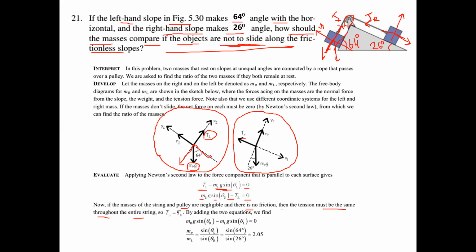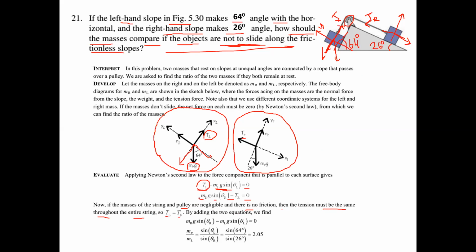So in this case, TL will be equal to TR. You know, there's a concept from high school: if the masses of string and pulley are negligible and there is no friction in the system, and you have a single rope like this, the tension in the rope on both sides must be the same, okay?